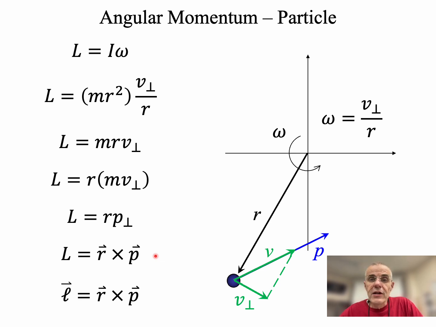Important to note that I can use the same ideas with this angular momentum that I can use with other types of angular momentum. So, for example, the net torque on a particle would be equivalent to the rate of change in the angular momentum of the particle given by this formula for finding the angular momentum of the particle. Or the angular impulse would equal the change in angular momentum.